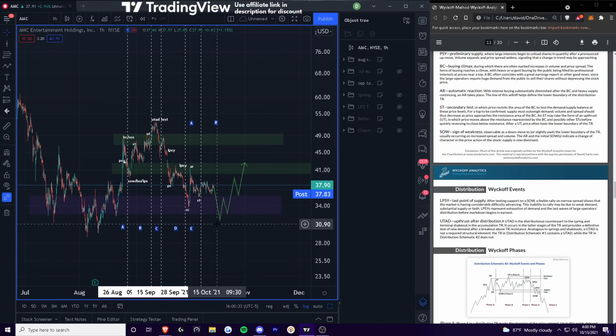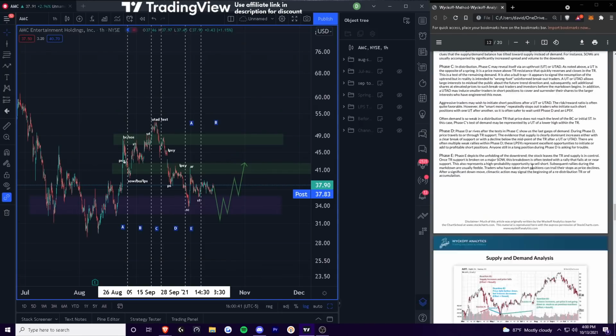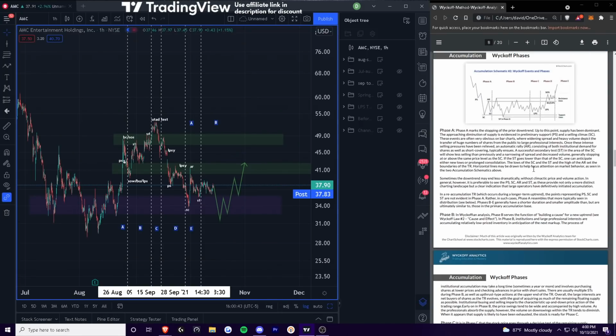So now we have another accumulation, and I have this region down here at the bottom, but going into the accumulation schematic again on a shorter time frame. Now remember, this is all in the grand context of this larger accumulation, I believe, is happening.